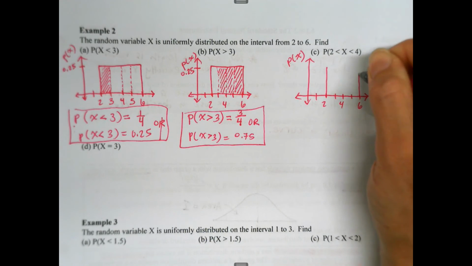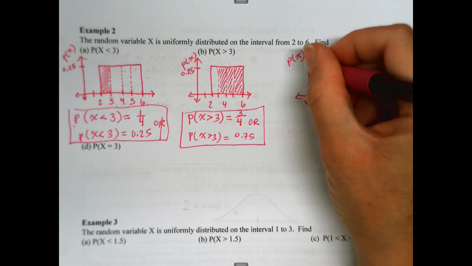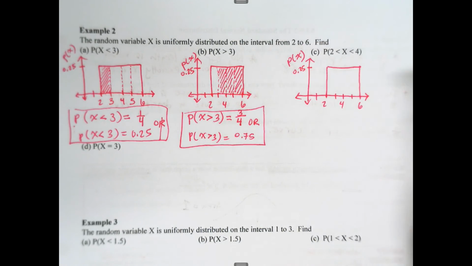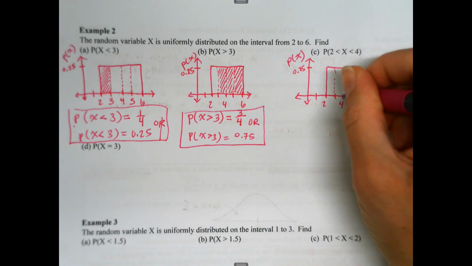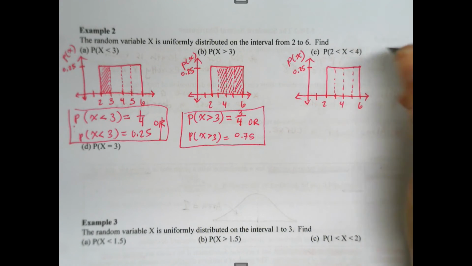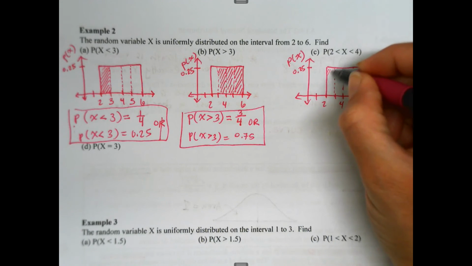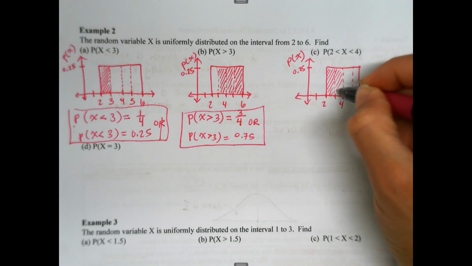Still on that same interval where we have a height of 0.25, and now we want between 2 and 4. We're talking about the first 2 bars of that.